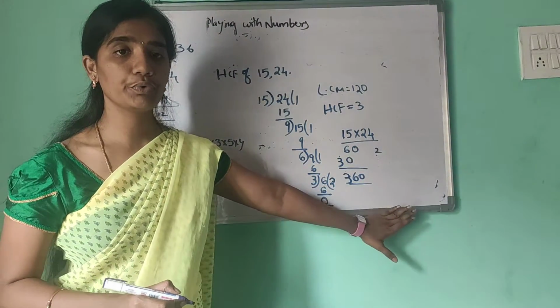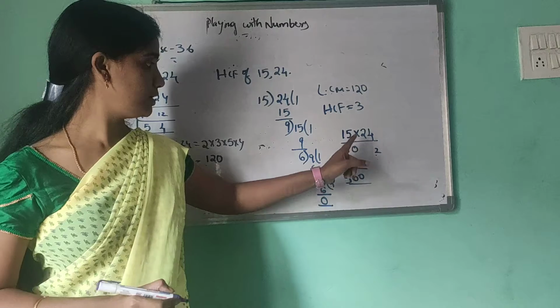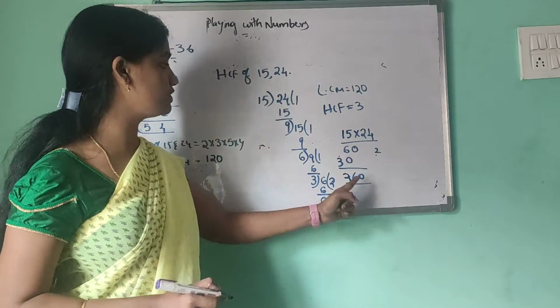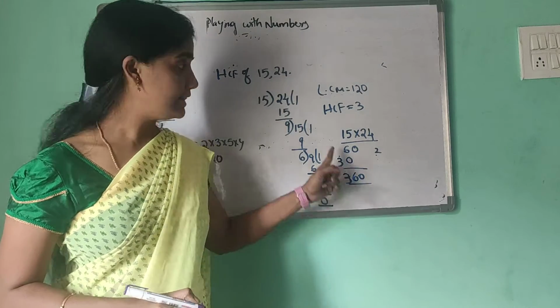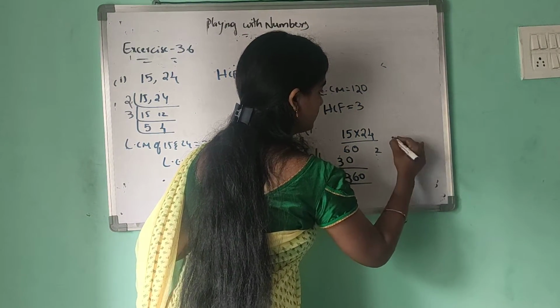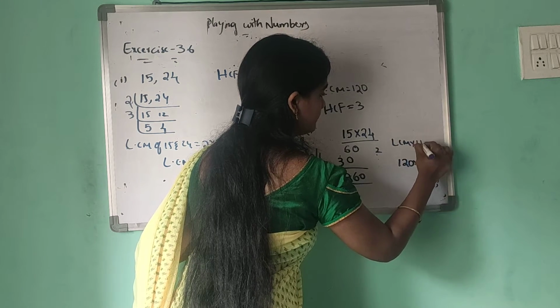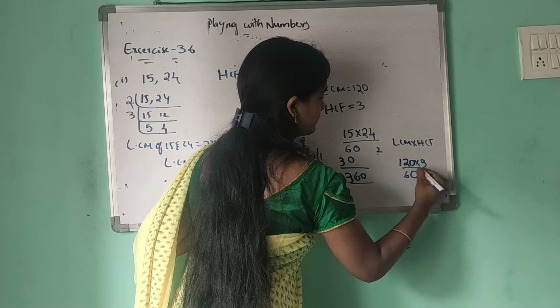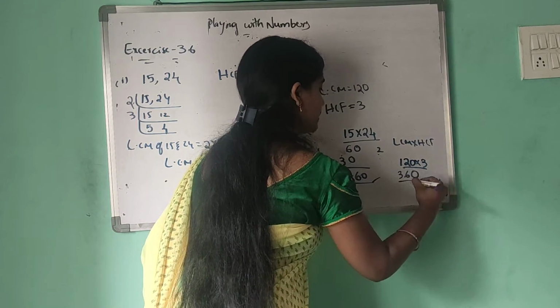So to check the relation, the product of 15 into 24 is 360. LCM into HCF is 120 into 3, which is 360. Both are equal.